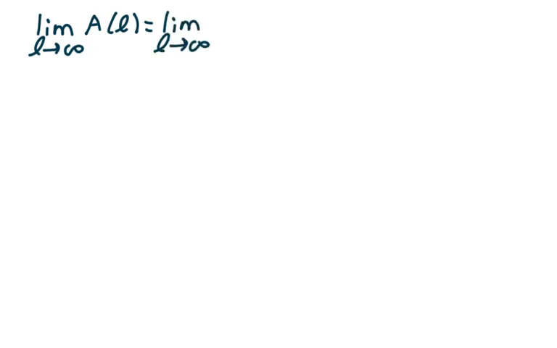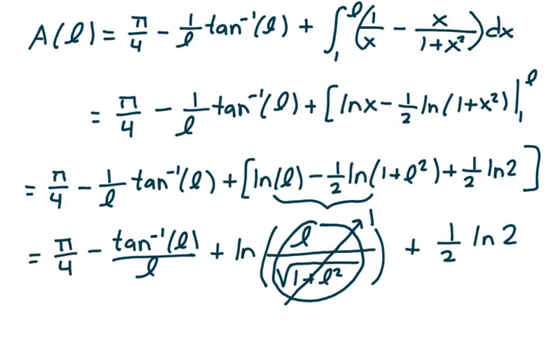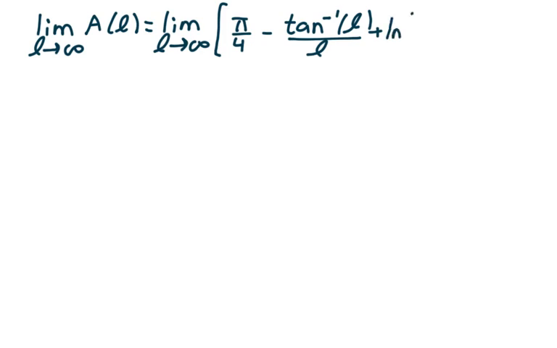Okay? Now, from here, I'm going to get the limit as L goes to infinity of A of L. This is the limit as L goes to infinity of pi over 4 minus arctangent of L divided by L, plus natural log of L over the square root of L squared plus 1, plus 1/2 natural log of 2.